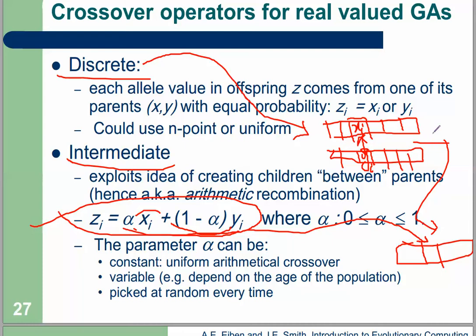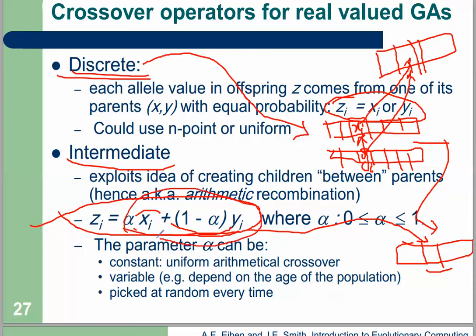So in the discrete method, the gene of each offspring is from the first parent or the second parent. But in the intermediate method, the gene of each child is a mix of both the first and second parent.